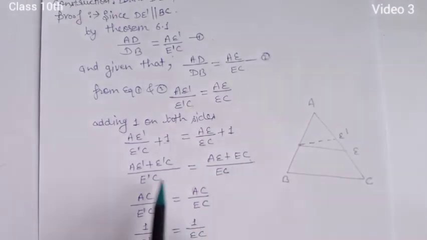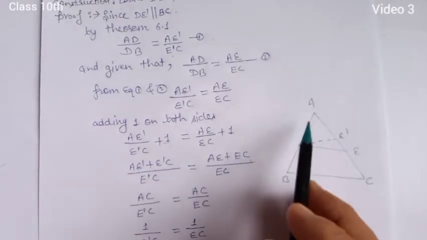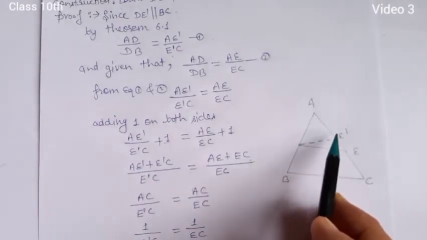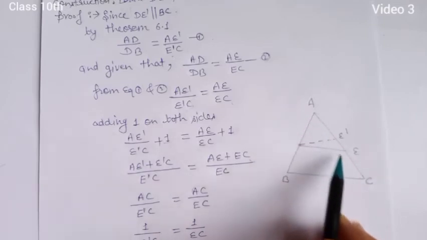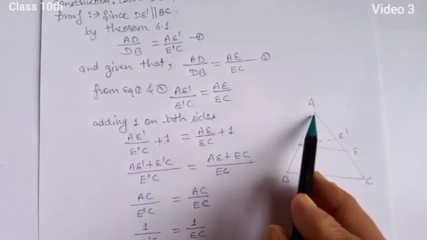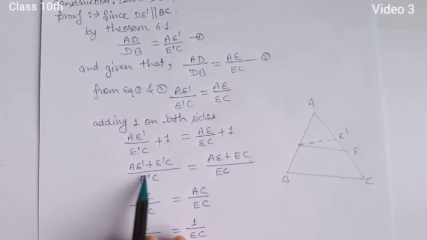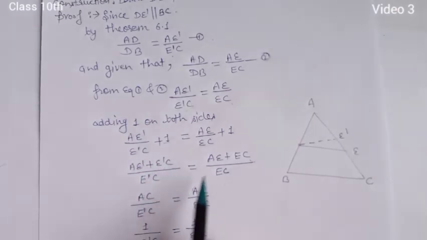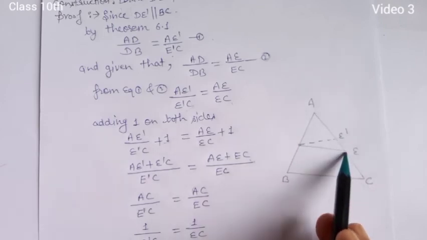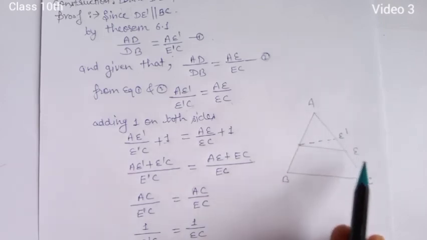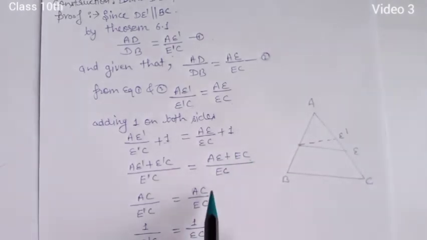Now you can see that AE dash plus E dash C represents the length of AC, so we can write the sum of both as AC. And you know that AE and EC, again the sum of both is AC.